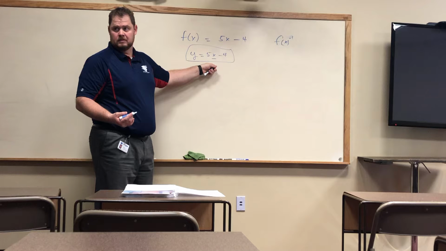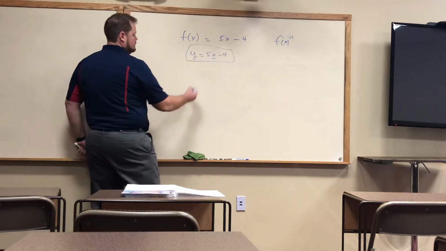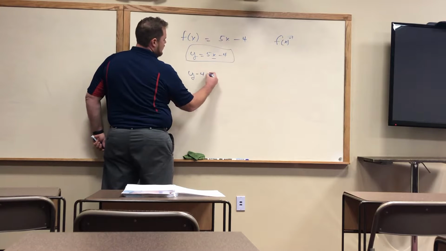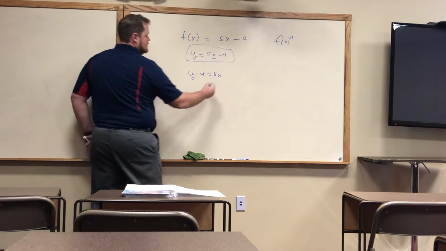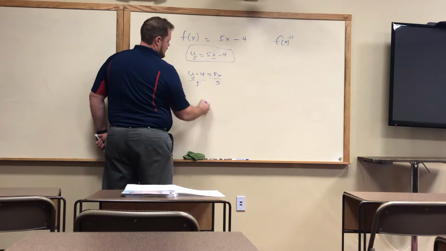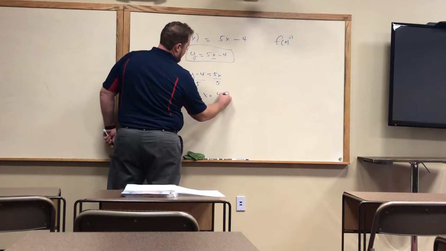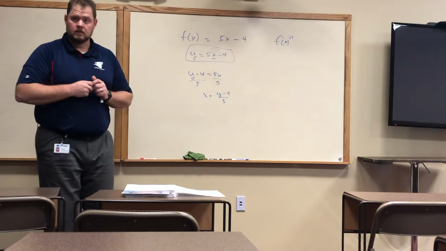Does that make sense? So watch carefully. What's the first step? y minus 4 equals 5x. Divided by 5. x equals y minus 4 over 5. Is that all you're doing?